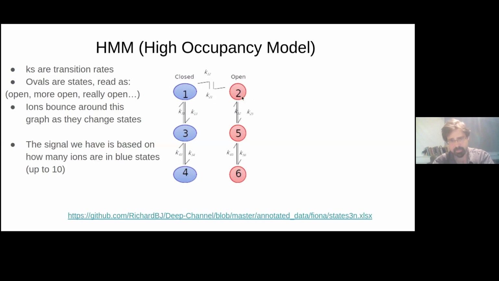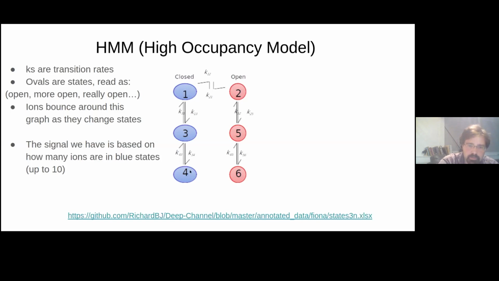The dots, which are the ion channels themselves, move back and forth between the ovals at a rate that's given by these Ks, so they have units of inverse time. If I have one channel in this closed state, then every 10 seconds it transfers to the open state, if that's the transition rate. So they're moving back and forth stochastically.